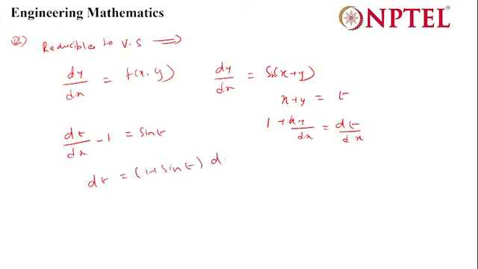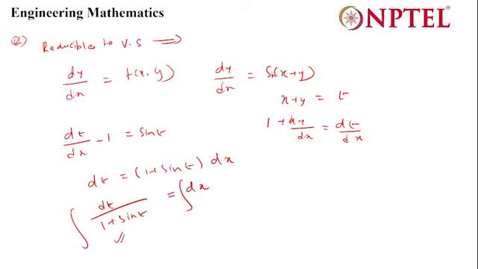dt divided by 1 plus sin t is equal to dx. Now you know how to integrate this kind of equation.